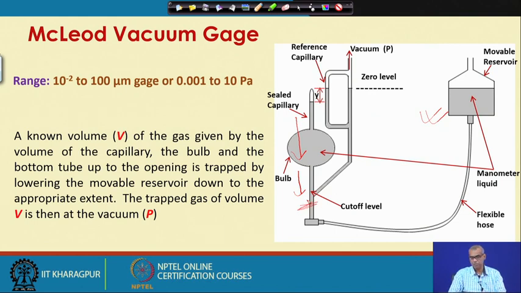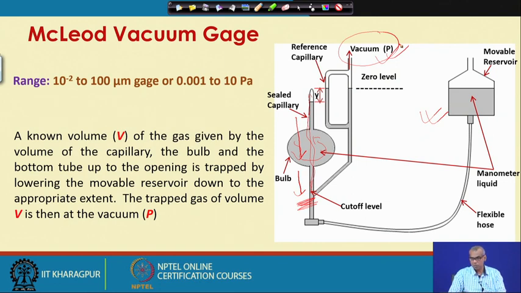Let us say it comes here. It goes below the branching point. Before that, I have connected this to the vacuum source. Now, this entire volume is connected to this pressure or the vacuum.